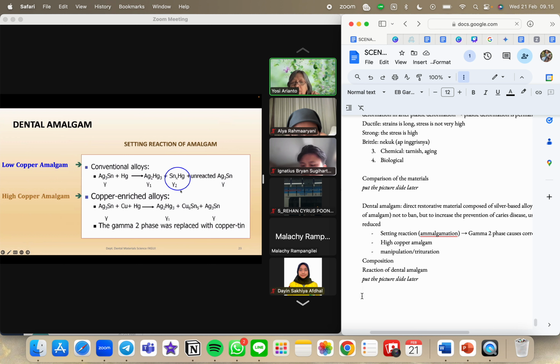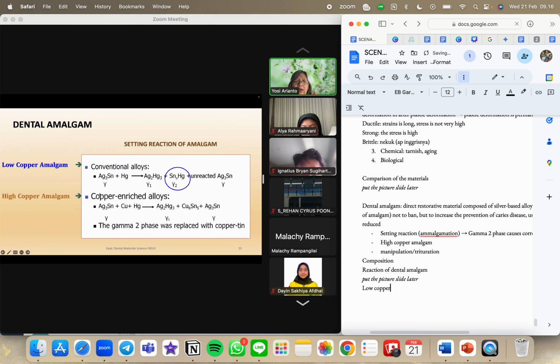And this one, gamma 2, is the most corrosive of the amalgam. So that's why the amalgam usually can corrode in the tooth, and then we should replace it again. There is micro leakage and sometimes secondary caries because the gamma 2 is corroded.